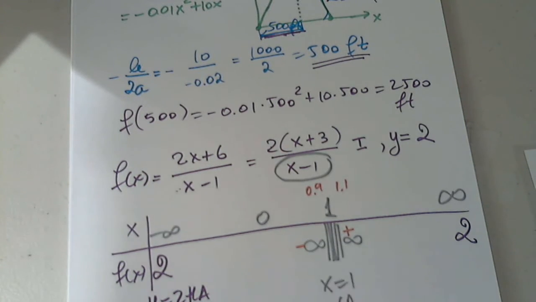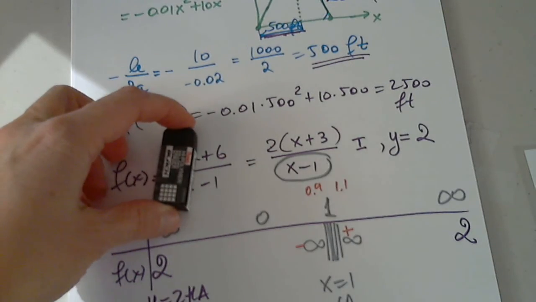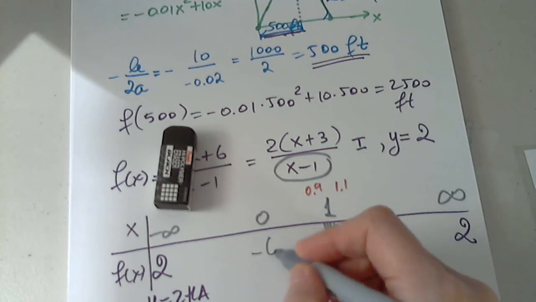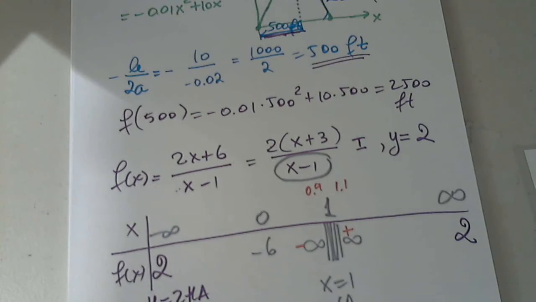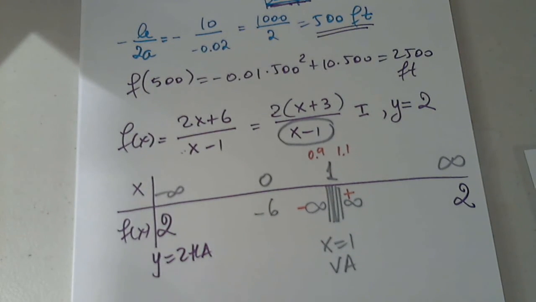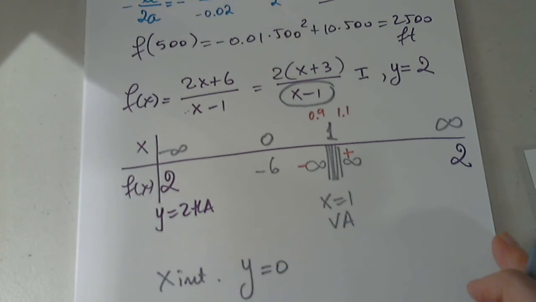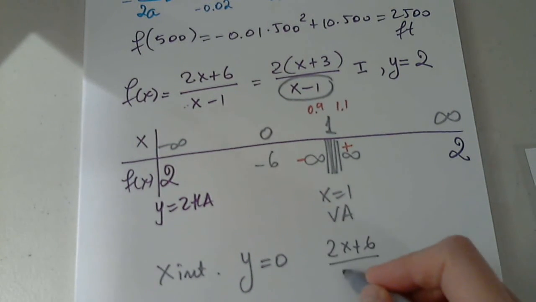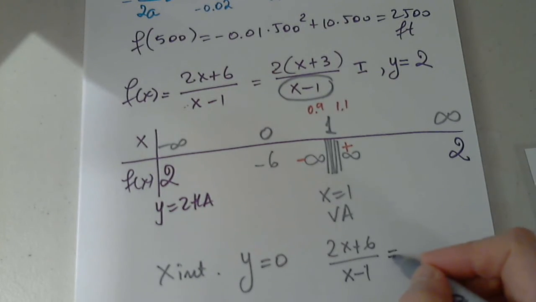When I plug in 0, these two terms go away. So I have 6 over negative 1, which is negative 6. Also, I need to find the x-intercept when y is 0. So y is 0, meaning 2x plus 6 over x minus 1 is 0.